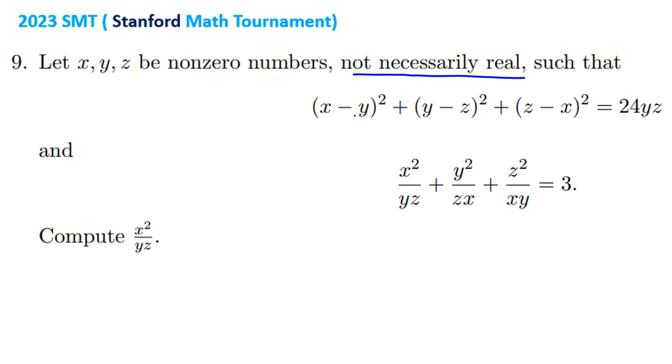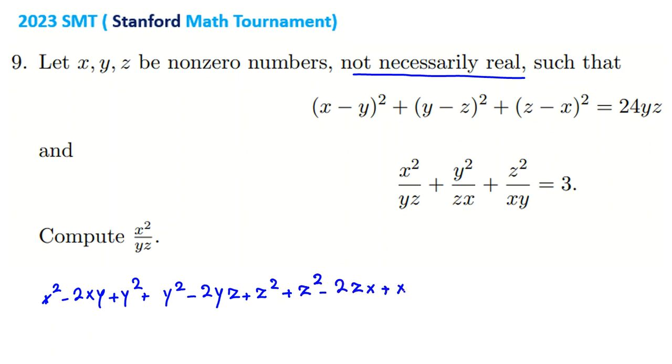(x minus y) squared is x squared minus 2xy plus y squared, plus (y minus z) squared, y squared minus 2yz plus z squared, and in the last term (z minus x) squared is z squared minus 2zx plus x squared, equals 24yz.